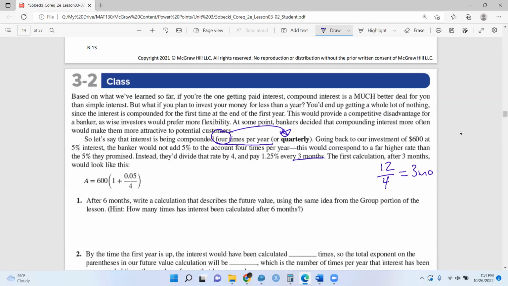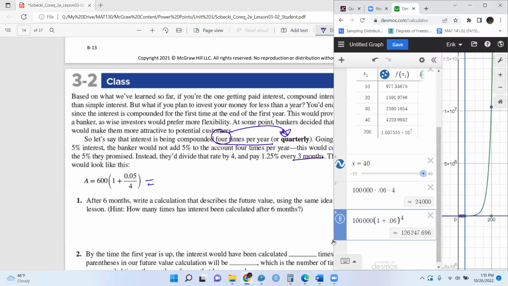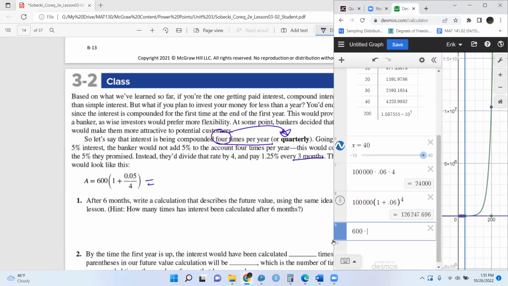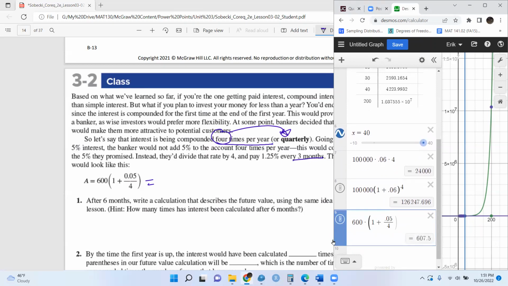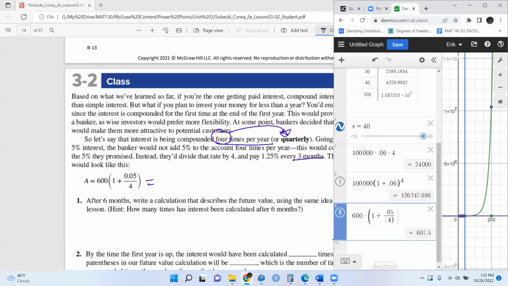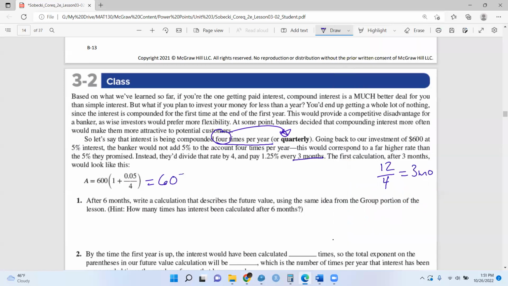So here's how we would calculate that: 600 times 1 plus the interest rate divided by 4. What do we get? Desmos knows. I need parentheses. 1 plus 0.05 divided by 4. So after the first 3 months, they would deposit $7.50 into our bank account.